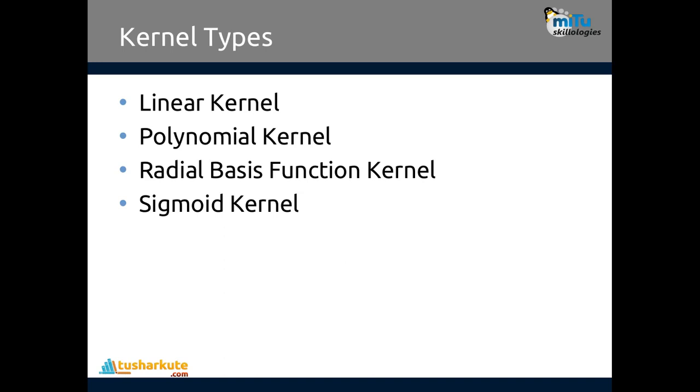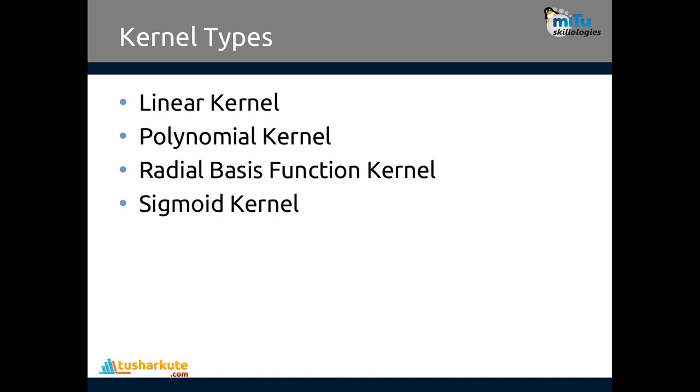Second is the polynomial kernel, which transforms your data into polynomial format. Then RBF, the radial basis function kernel, which we generally call the Gaussian kernel, a very regularly used kernel. Then the last one is the sigmoid kernel. These are the 4 commonly used kernels in SVM.